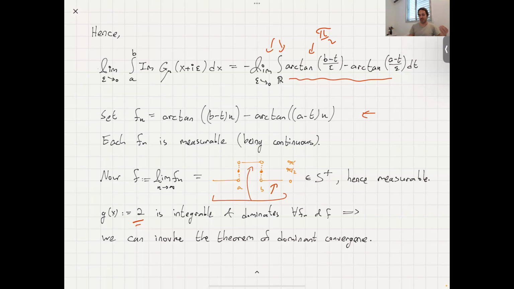The constant function is integrable, obviously, and therefore you can invoke the dominated convergence theorem to justify the thing we're going to do now, which is to switch the limit and the integral order.